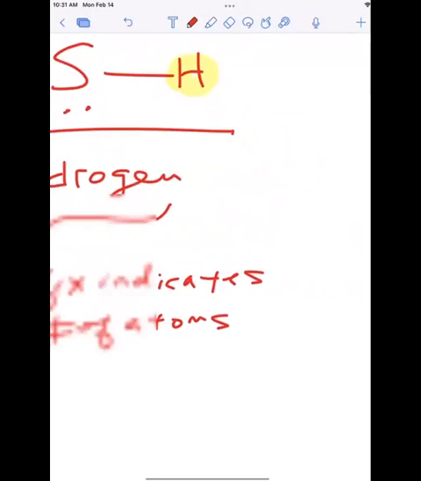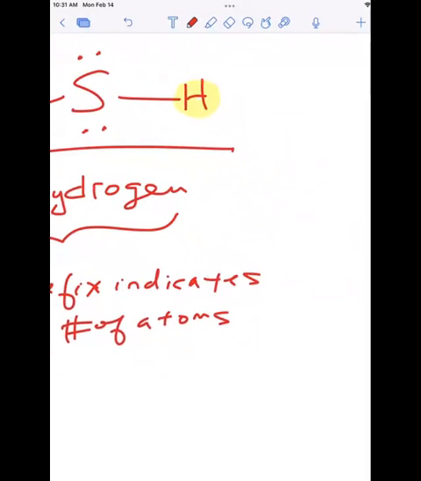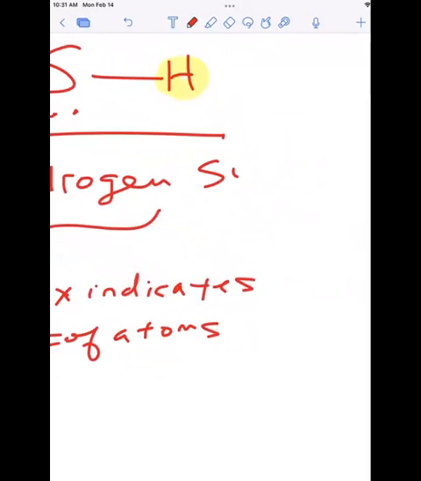And then for sulfur, anytime you have an element like sulfur or oxygen or carbon or chlorine or fluorine, you're going to change the suffix. So this would be dihydrogen sulfide.